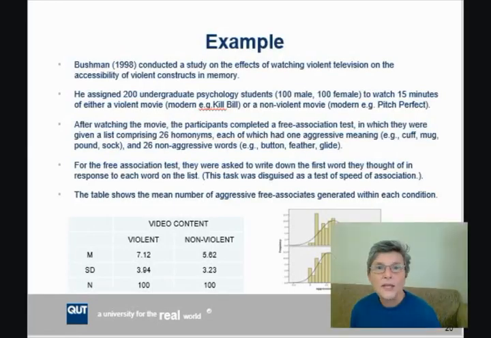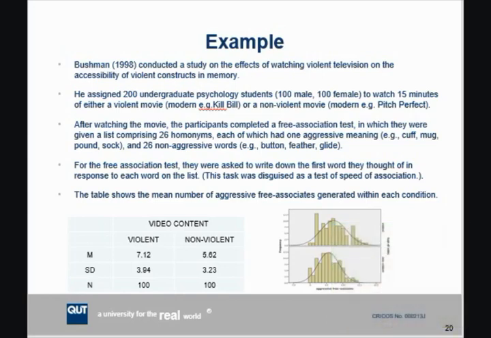So let's look at a quick example. This is based on a study by Bushman, who conducted an experiment on the effects of watching violent television on the accessibility of violent constructs in memory. So essentially he got 200 undergrad psychology students and got them to watch 15 minutes of either a violent movie or a non-violent movie, and then gave them a free association test, in which they were given a list comprising 26 homonyms.